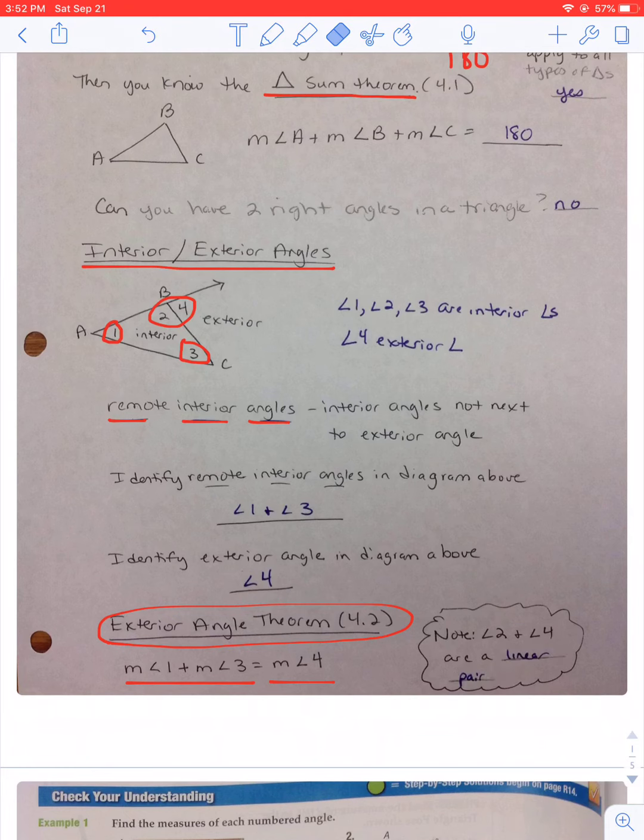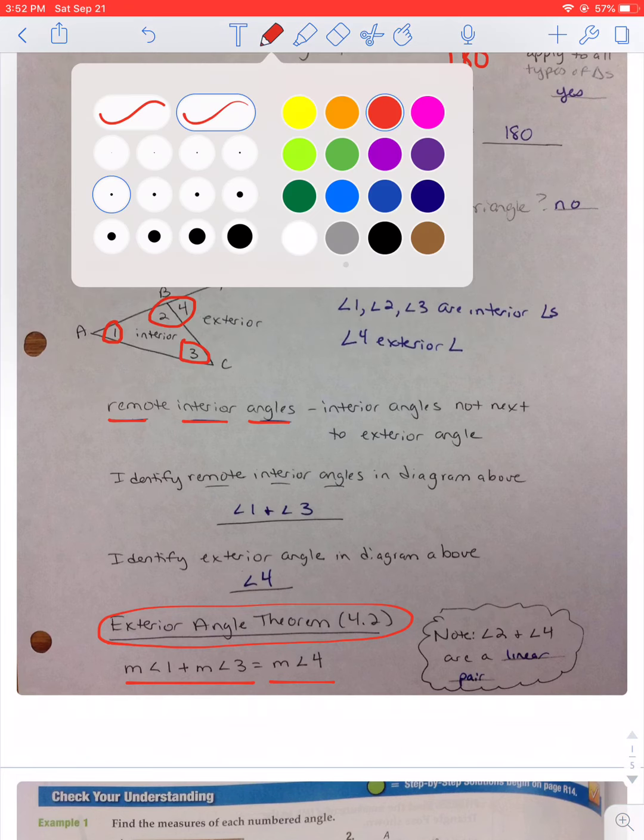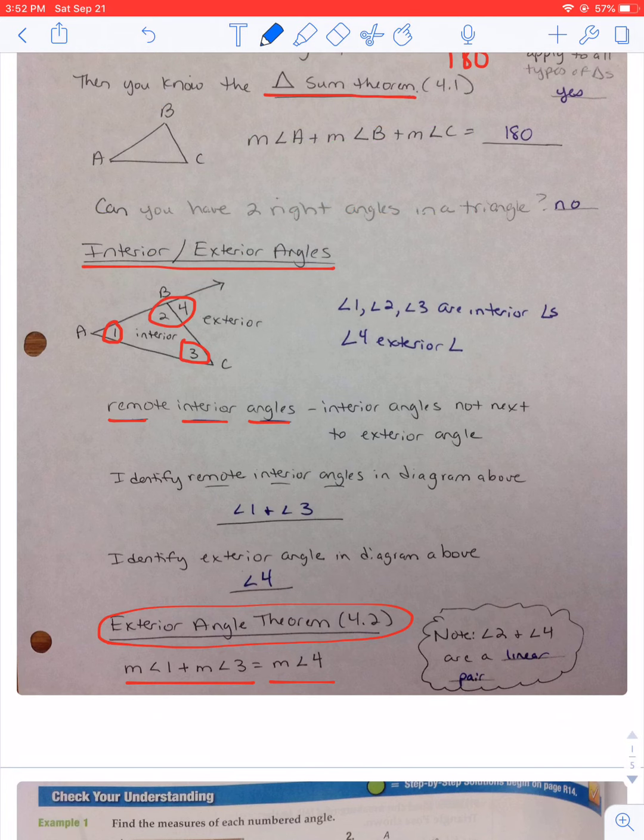And also, just another note, 2 and 4, if you look up here, are also a linear pair if you think about it. Because these two angles are formed, so I'm going to erase this so you can see. If you trace this line, there's this side here.